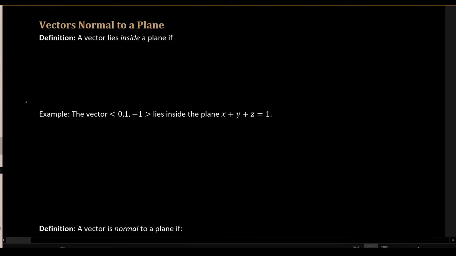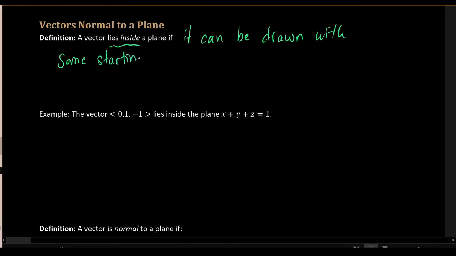The first thing that I want to talk to you about is a vector which lies inside a plane. We say that a vector lies inside a plane if it can be drawn with some starting position so that the entire arrow is inside the graph of the plane.